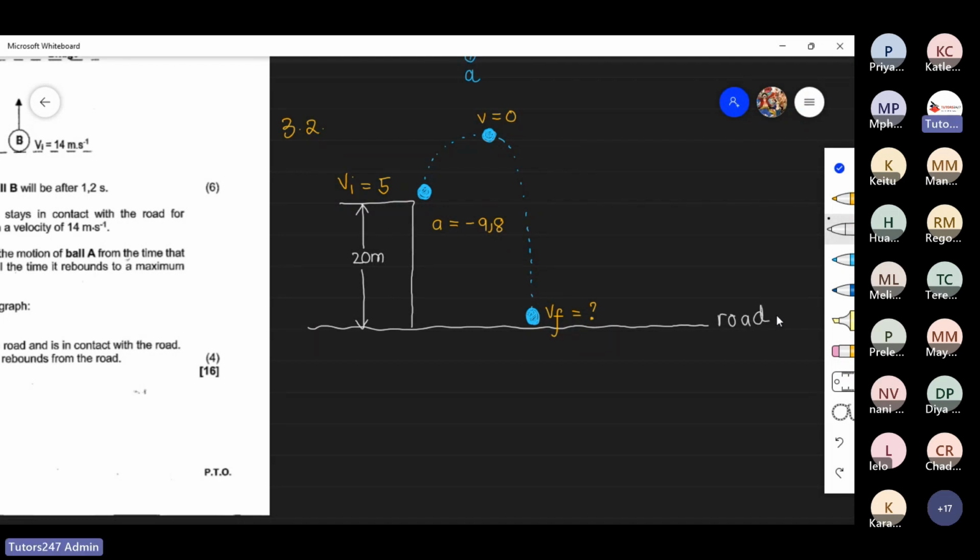That is road. Now, let's get back. So our object was initially at a position 20 meters above the road. It then reached its maximum height and then fell down and hit the road. The road being 0 meters.